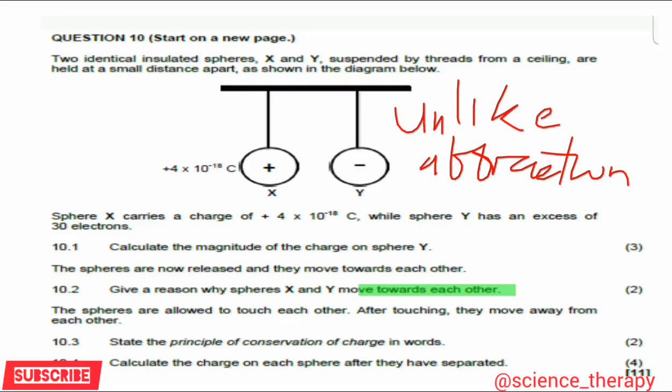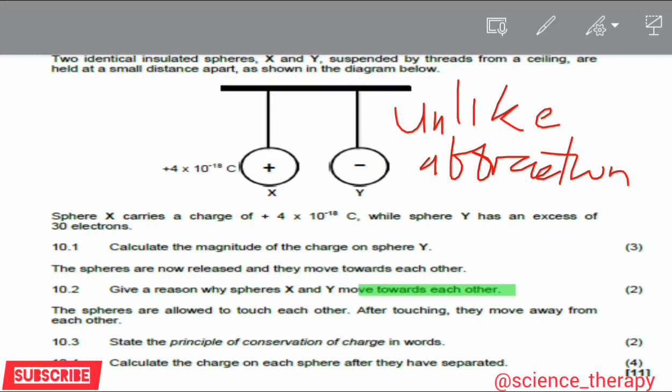Now the spheres are allowed to touch each other. After touching, they move away from each other. Now you will realize that after they touch, they now have the same magnitude of charge, and also they have the same sign, right? So they will have like charges, the same magnitude and also like charges.